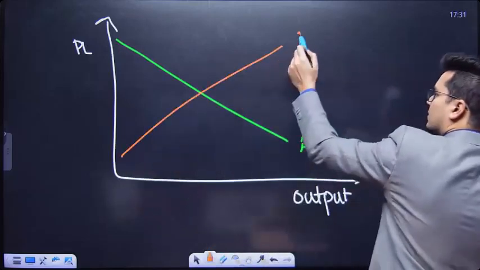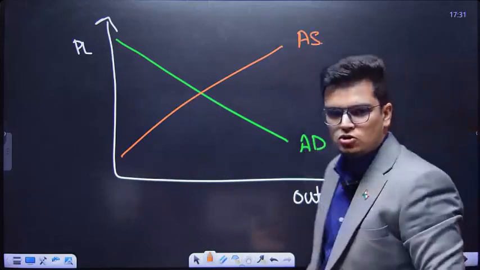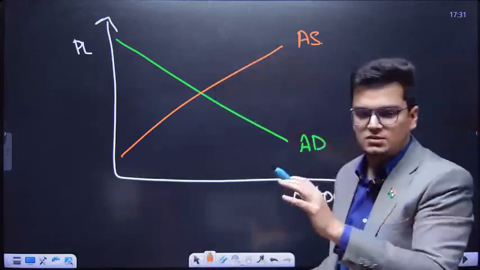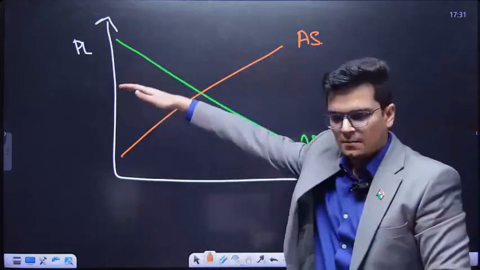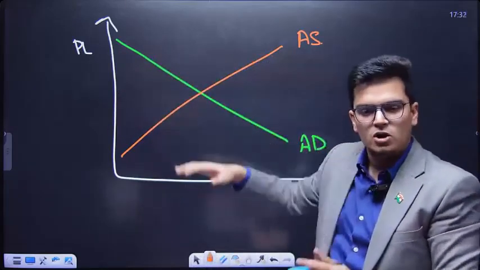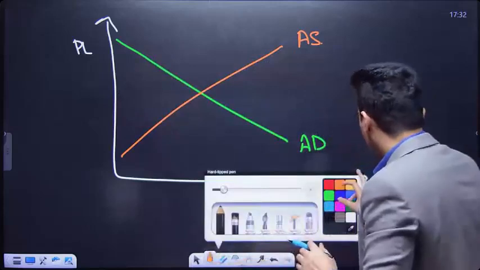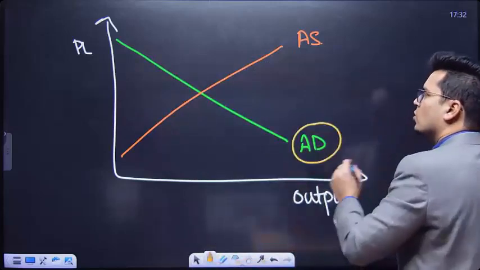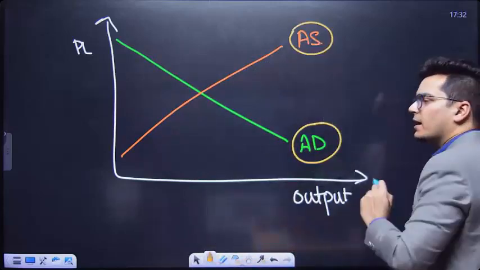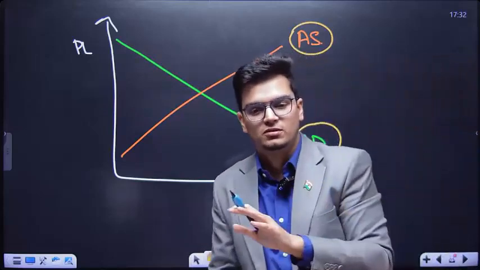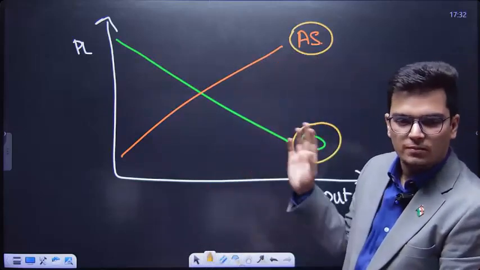This is aggregate supply. So inflation might happen. This price level can go up or down due to either something that has changed aggregate demand, or something that has changed aggregate supply, or something that impacts both. ऐसा भी कुछ हो सकता है जो दोनों चीजों को इम्पैक्ट कर रहा हो.